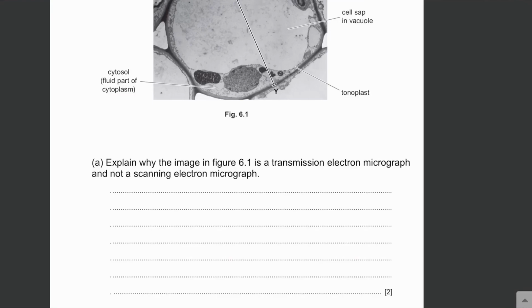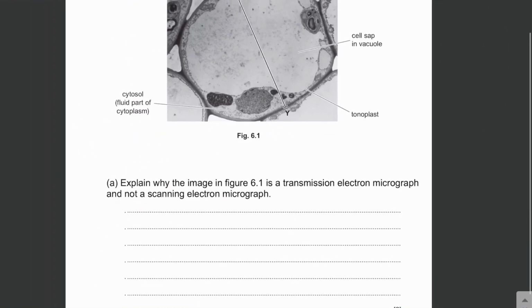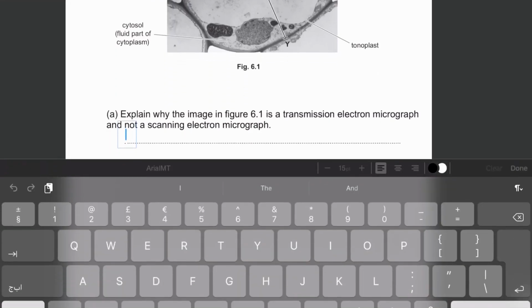Always remember that the scanning electron microscope shows the surface contours of the specimen, right, or the surface boundaries of the specimen, and the scanning electron micrograph is always 3D. The image that we see in figure 6.1 is a transmission electron micrograph because the image is 2D and we can see the internal structures.